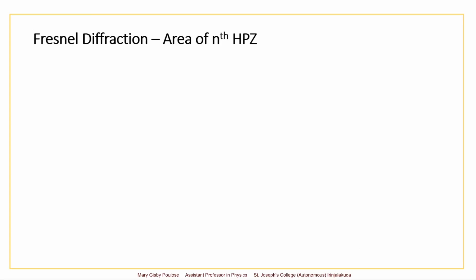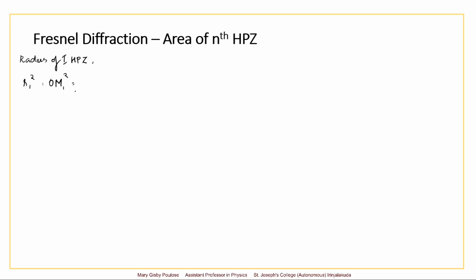Let us calculate the area of the nth half-period zone in Fresnel diffraction. The radius of the first half-period zone can be calculated as small r1 square. It is given from OM1 square from the figure.